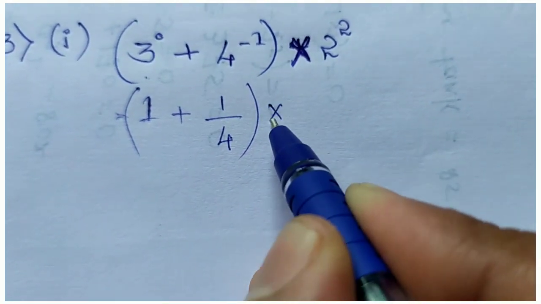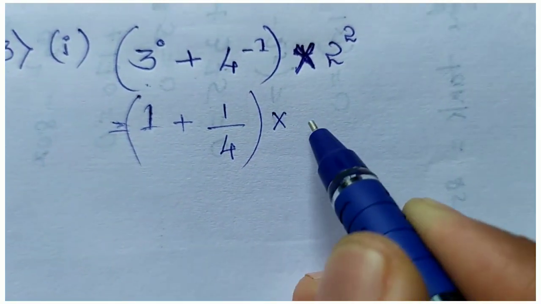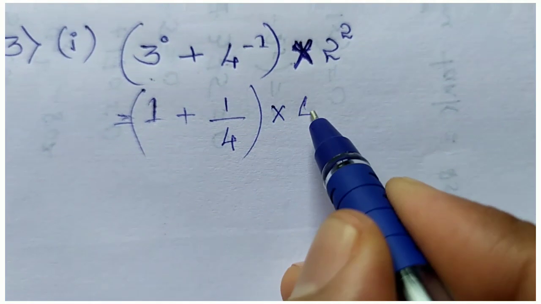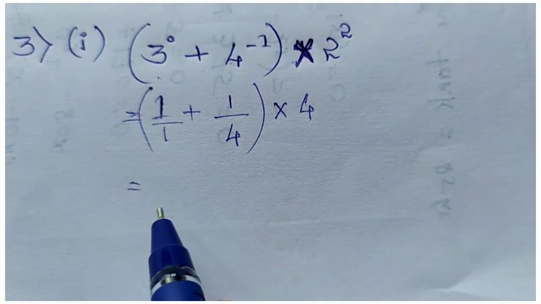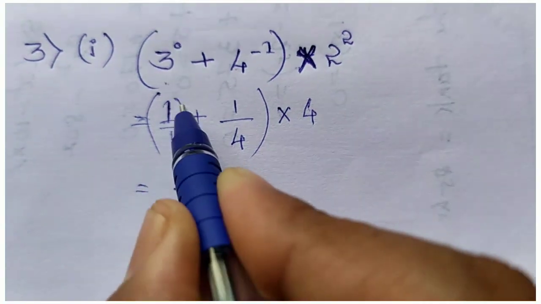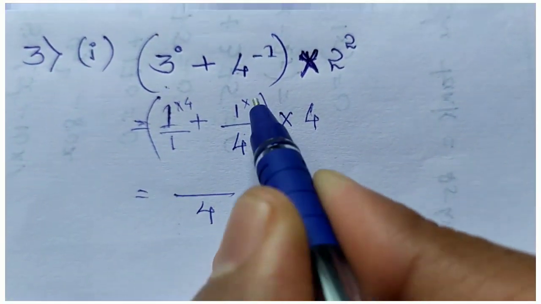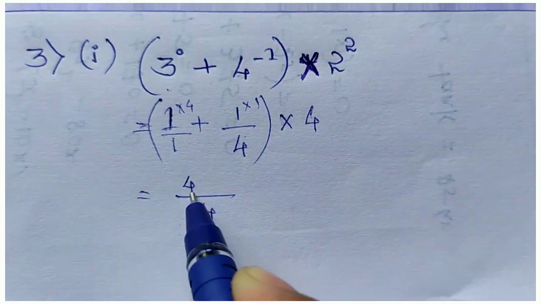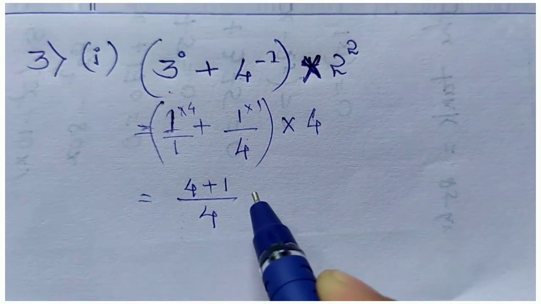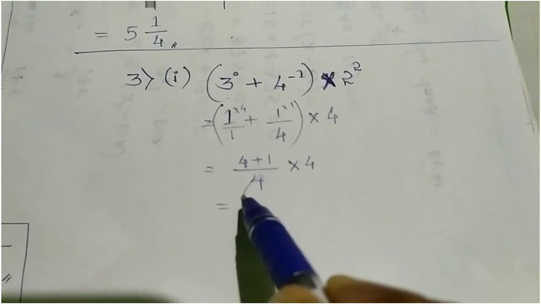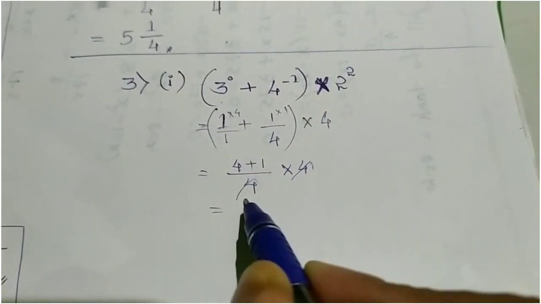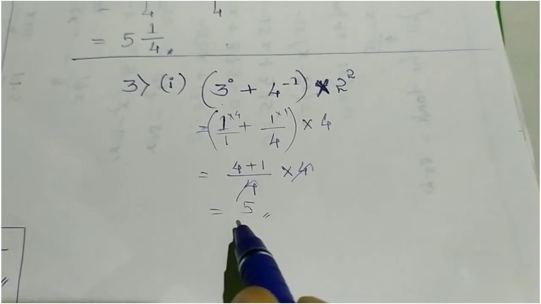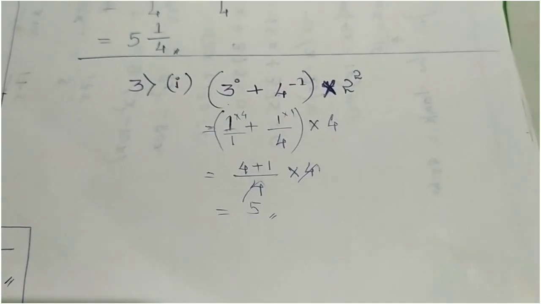Multiplication is there, and 2 square is 4. Taking the LCM of 1 and 4, here we will get 4. So 4 1s are 4, 1 4 is 4, plus 1, 1 1 is 1, into 4. 4 and 4 will get cancelled, we will get 4 plus 1, that is 5. So our answer will be 5.